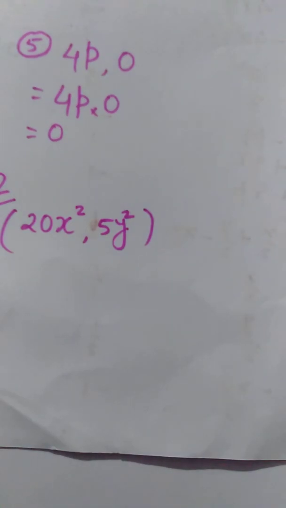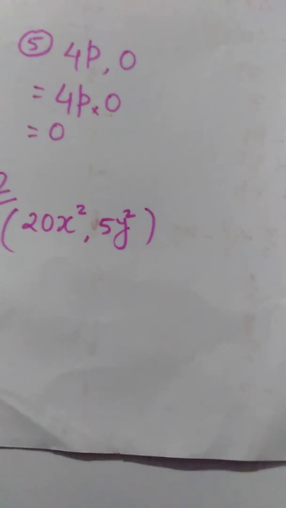Next question, which says find the area of the rectangle with the following pair of monomials as their length and breadth. Area of a rectangle is given by length into breadth. Now in this option we take 20x square as length and 5y square as breadth. So area is given by length into breadth.